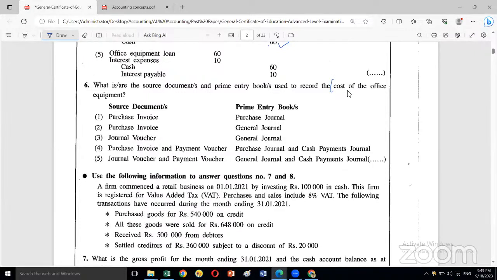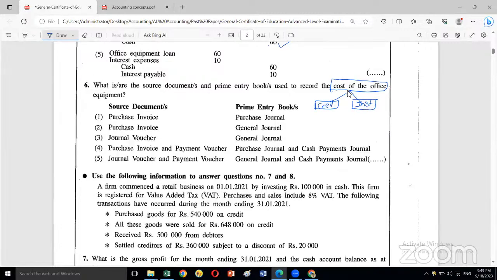See the words: the cost of the office equipment. The cost of the office equipment includes two things. First, can you remember, I purchased the equipment on credit. And second, the installation cost.